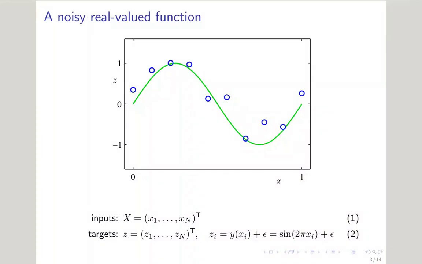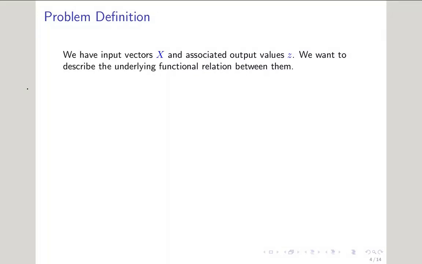You'll remember from the basic regression lecture that we motivated most of the lecture through the use of this polynomial example, where we have a green true function and we have blue data points that are taken from it but are corrupted by noise. Again, for completeness, we have a set of input vectors x and associated output values z, and we want to try to approximate the function that generated them.